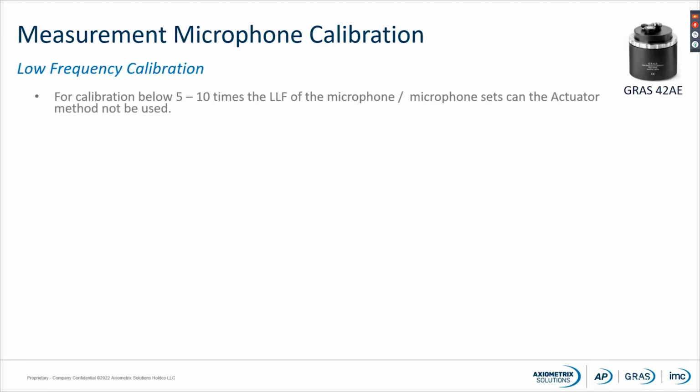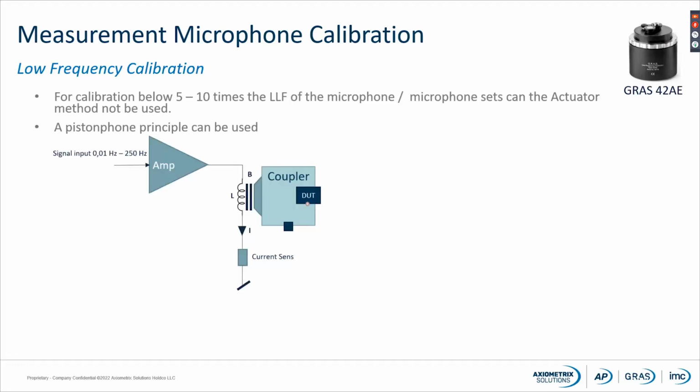For calibrations below 5 to 10 times the lower frequency cutoff of the microphone or microphone set, we can't use an electrostatic actuator. A piston phone principle can be used.